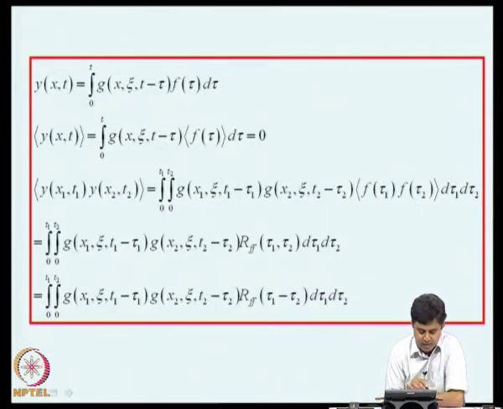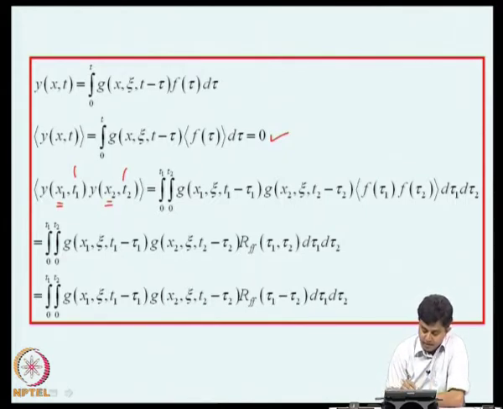Now, we start by writing y of x comma t in terms of the Green's function, convolution of Green's function with the applied f of t, and if you take now the expected value of this, the expected value of f of tau is 0, therefore, this is 0. What happens to the covariance between response at x equal to x1 and x equal to x2 and time t equal to t1 and time t equal to t2?